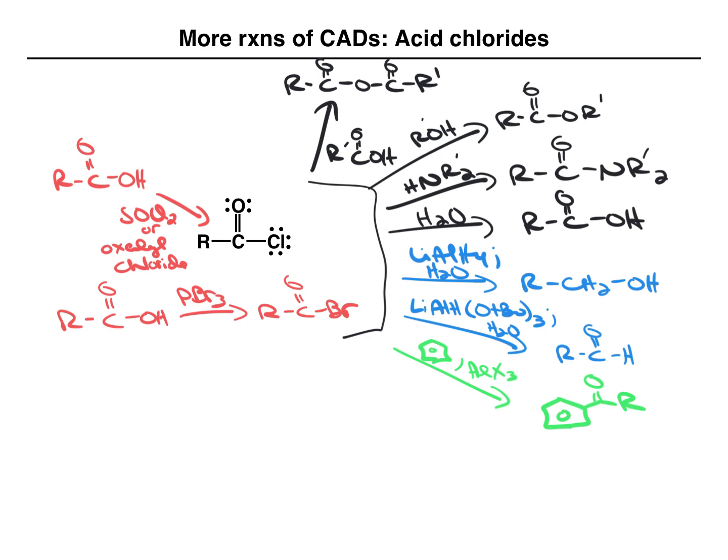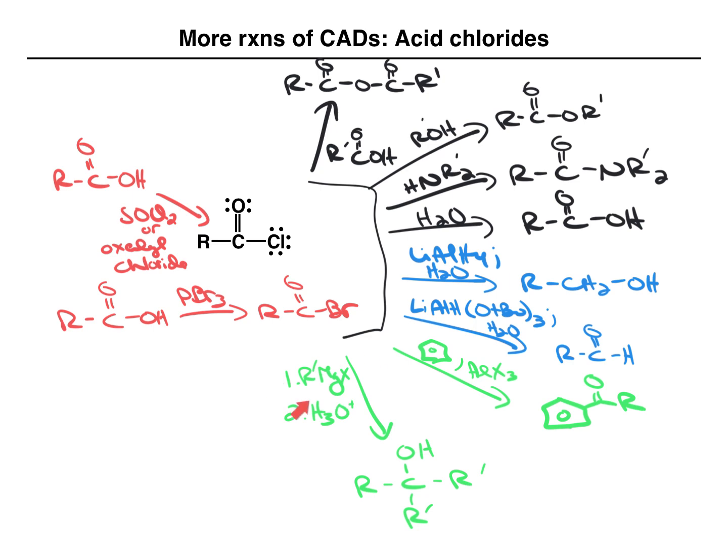If we treat an acid halide with Grignard reagent, followed by aqueous acid workup, we will get two equivalents of the Grignard adding to the acid halide, resulting in the formation of an alcohol, similar to what we would see with an ester.